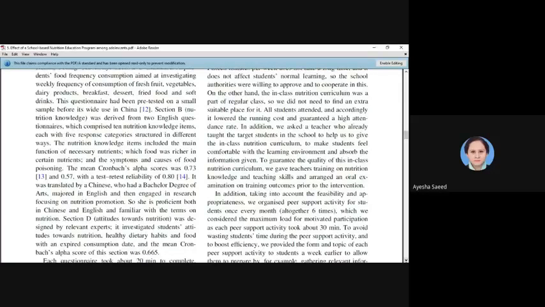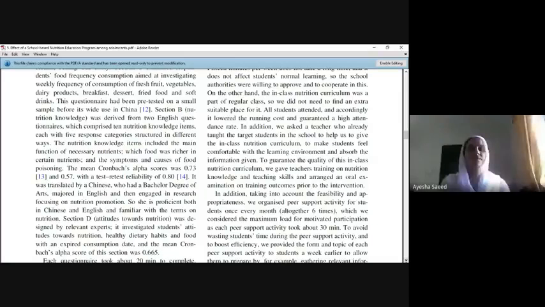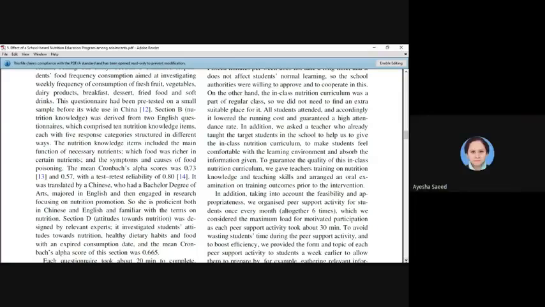So the reliability of the questionnaire has been tested, and the Cronbach alpha assesses the internal consistency of the questionnaire. By internal consistency, we mean that all the questions are related with one another, and a questionnaire which has an internal consistency of more than 0.5 is considered to be a good questionnaire.